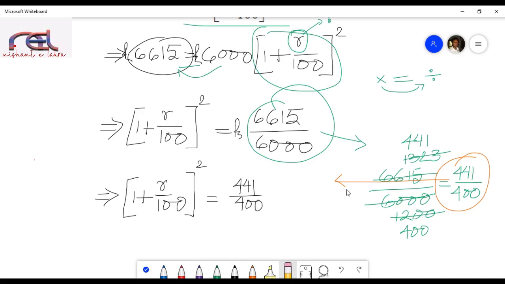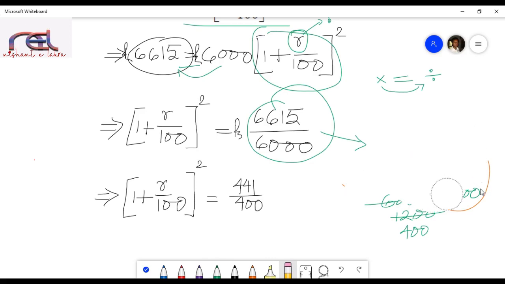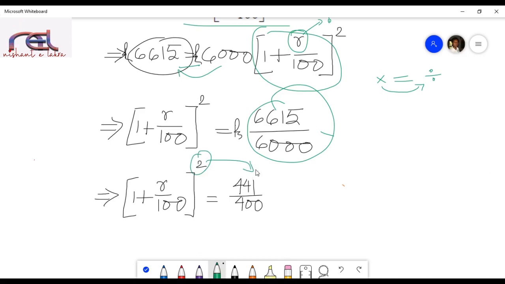Now you have to recall some basic rules of maths. I hope you remember, when you move the square to the other side of equal sign, the square changes to square root, right?